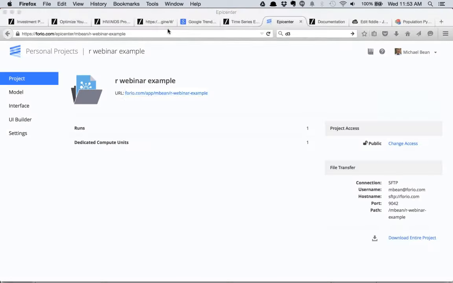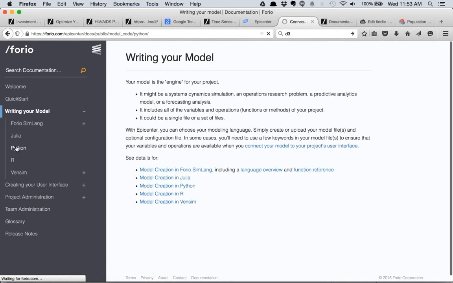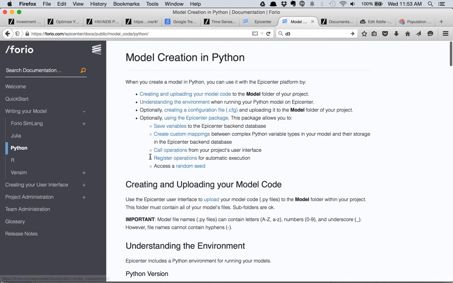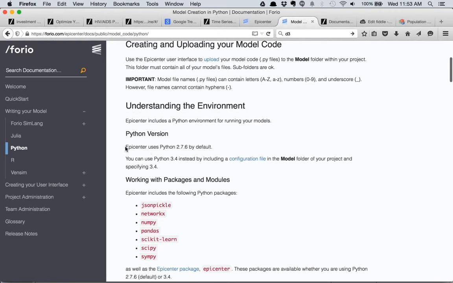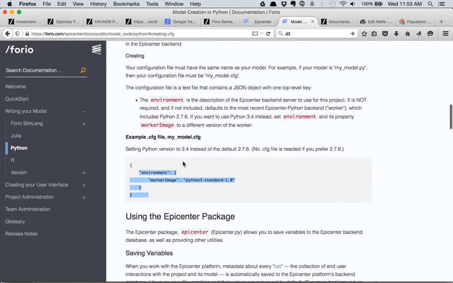If you go to the documentation, if you click on these things that are books up here, and then you go to writing your model, and you go to Python, I think somewhere in here it talks about it, yeah, here we go. It says Epicenter uses 2.7.6 by default, and you can use 3.4 instead by including a configuration file. And the way you do that is specified here. So here's how you change the configuration file to use 3.4 instead of the default 2.7.6.